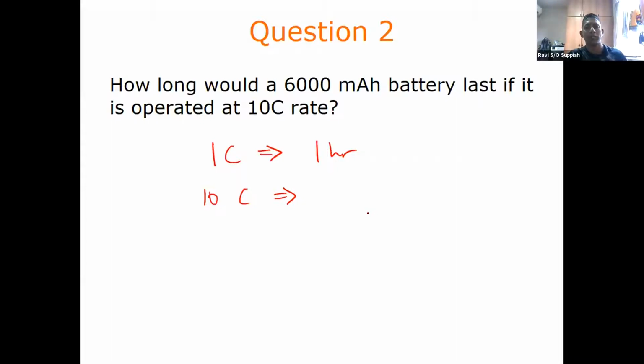The rate at which I draw current is 10 times more. That means I can only last for 10 times less, so it will be 1 by 10 of the hour, which means it is 0.1 of 60 minutes, which gives me 6 minutes.